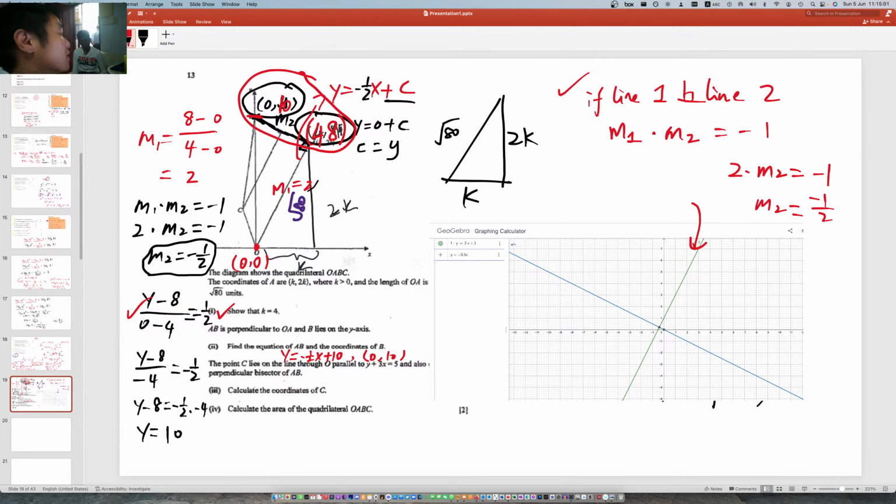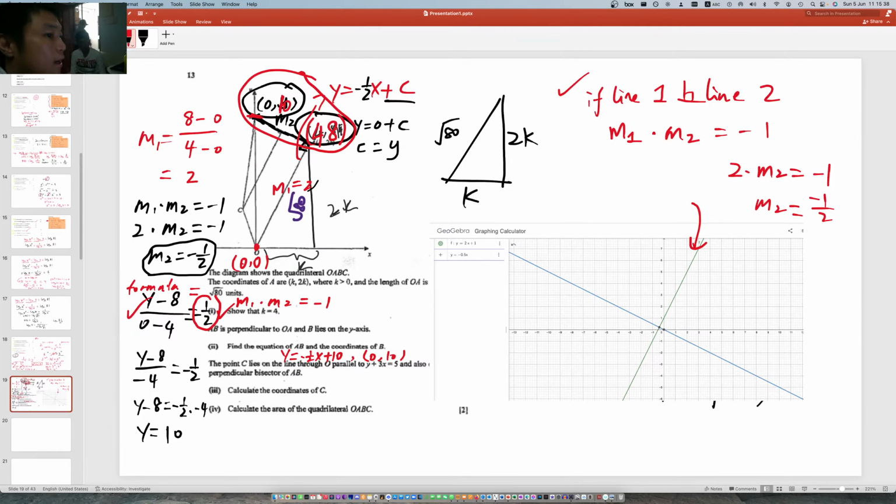If you get 7, it's wrong, because point B is higher than point A, so it must be more than 8. So what I use here is the minus half, which is the gradient using the perpendicular property, and this is the gradient using the formula.